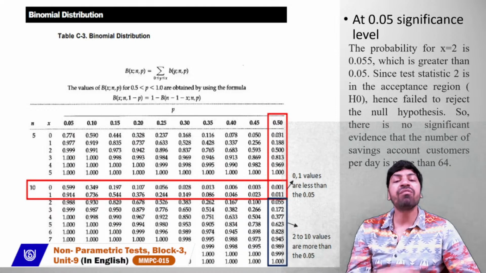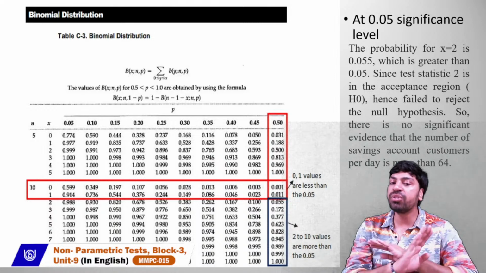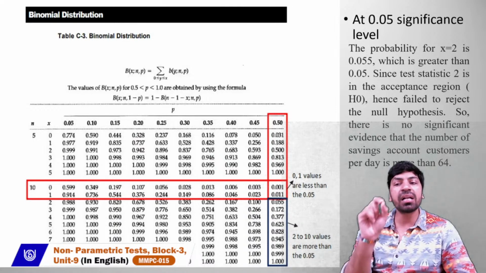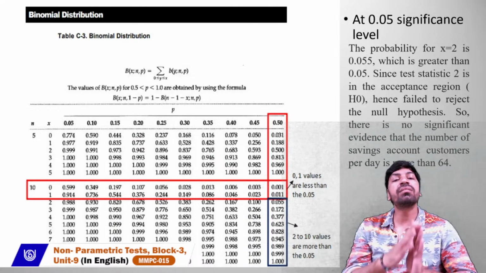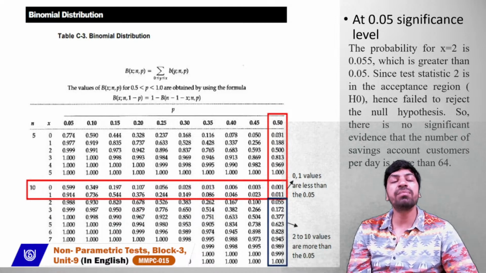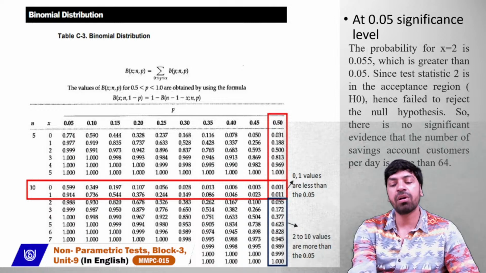As a result, we accept the null hypothesis. That means there is no significant evidence that the saving account customers per day is more than 64, and that is the conclusion of this question.